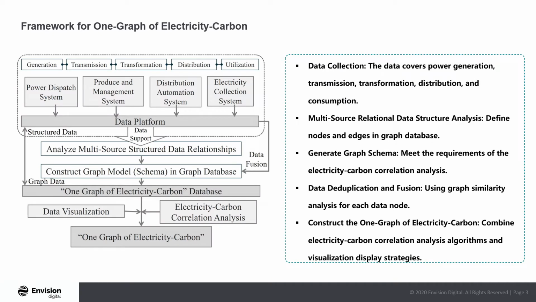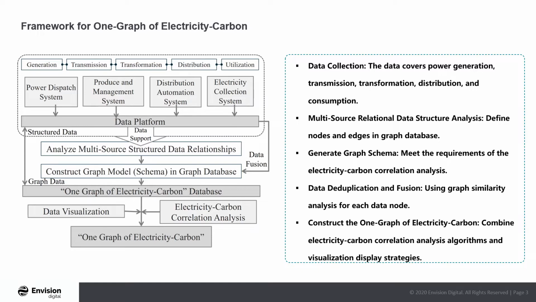The framework of the system is shown in the figure, which consists of several modules: index generation, retrieval system, result optimization, and result display. This scheme is generally carried out in three levels: data collection, conversion of relational data to graph data, and the construction of the one graph of electricity carbon system. The data collection is first performed.